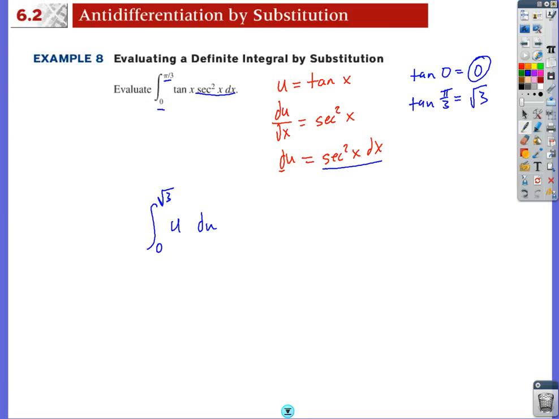Now everything's completely in terms of u. Since everything's in terms of u, I can just solve it. And now when I solve this, what's the antiderivative? The antiderivative is u squared divided by 2, evaluated from 0 to square root of 3.